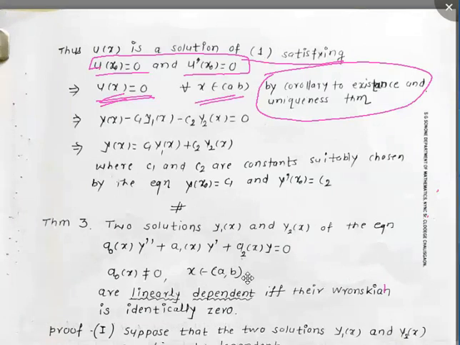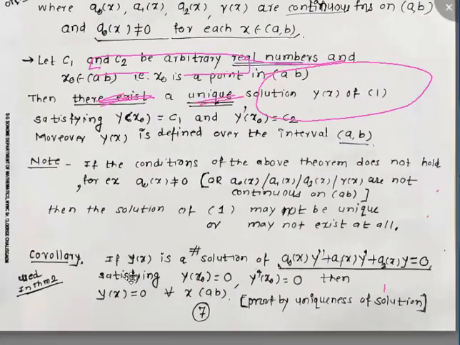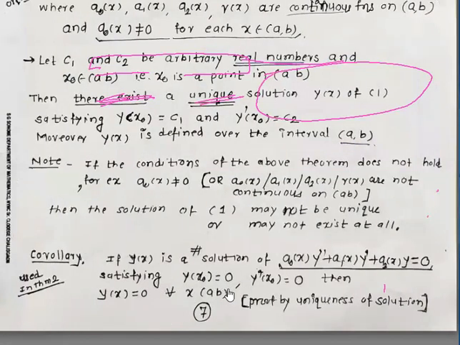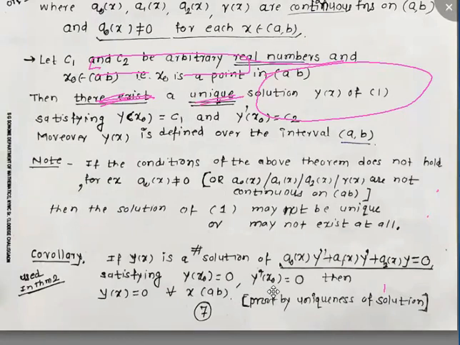Let us see this corollary we are using. If y(x) is a solution of this differential equation 1, a0(x) y double dash plus a1(x) y dash plus a2(x) y equal to 0, satisfying that its value at x0 is 0 and the value of its derivative at x0 is also 0, then in that case this solution is identically equal to 0.